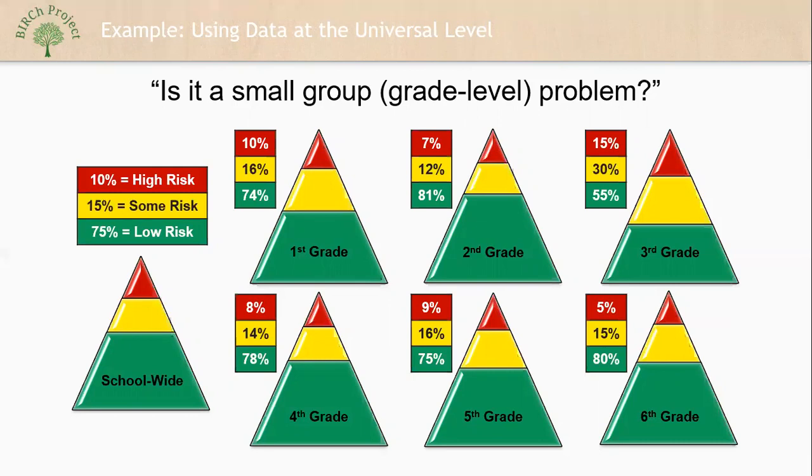So we appear to have students with more risk concentrated in 3rd grade. So given that we are going to use our resources efficiently, we should consider focusing them on the 3rd grade level or the small group level.